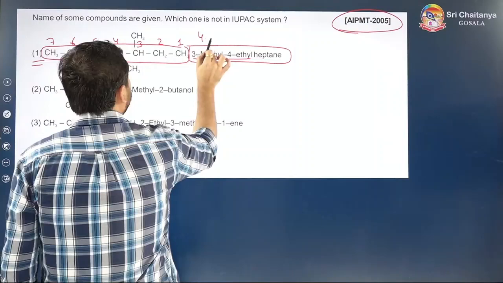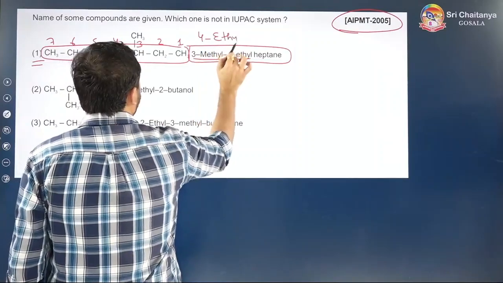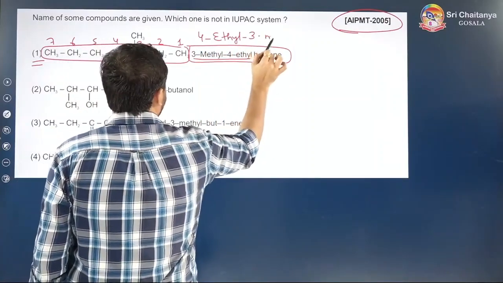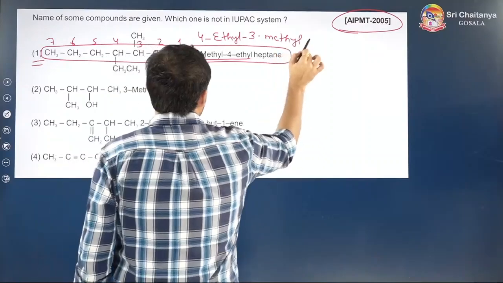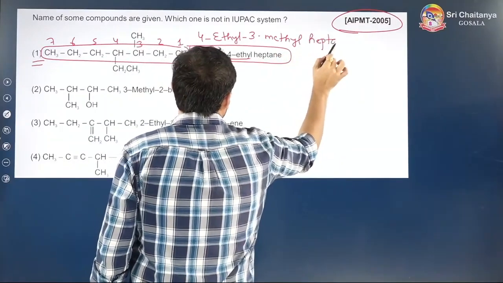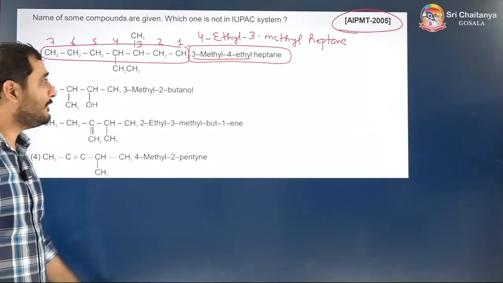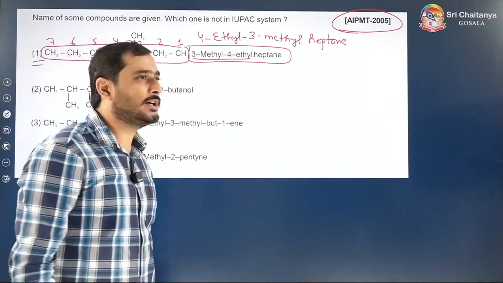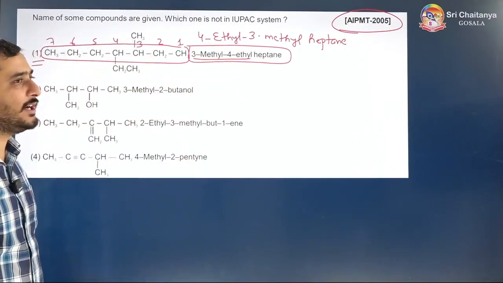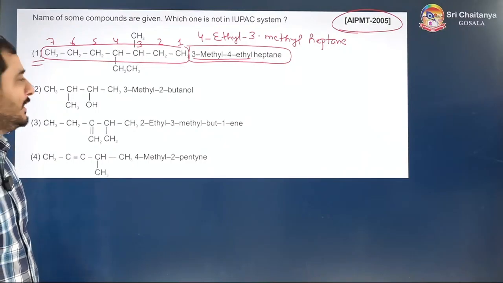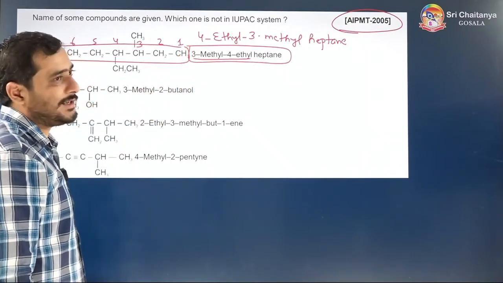What we have to write? 4 ethyl, next 3 methyl, and for 7 carbon atoms it is heptane. Clear? They have not written in alphabetical order. Ethyl and methyl should be written in alphabetical order. So it means the first option is incorrect.